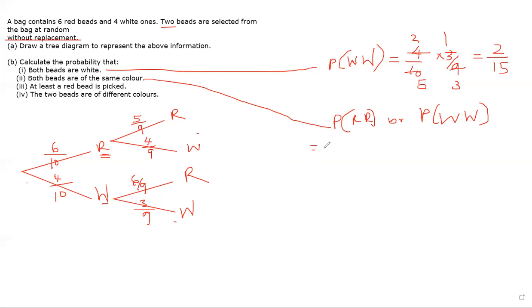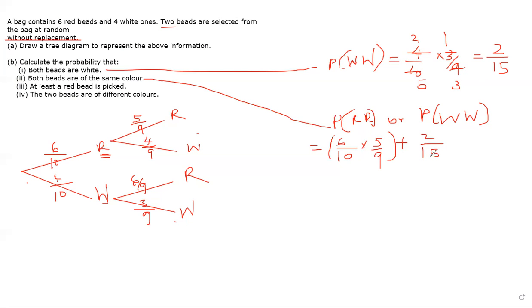Red will be 6/10 times 5/9. Or means plus. Already we've done white up here, so we can just say 2/15.